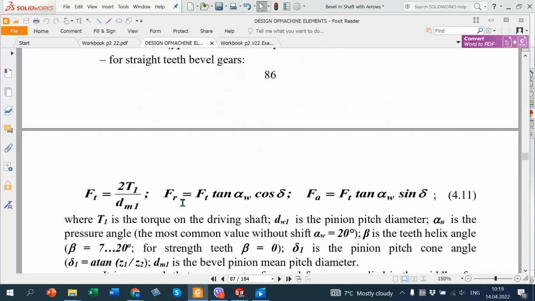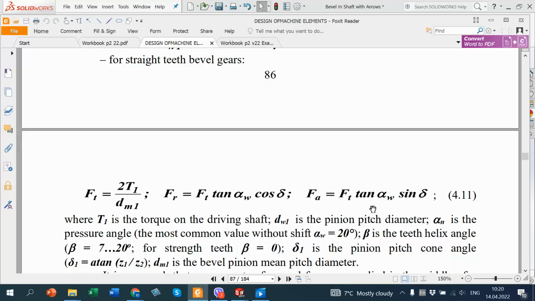So we know point of application, we know direction, and we know value of this force. And third is axial force Fa, the same, Ft tangent alpha times sine delta.